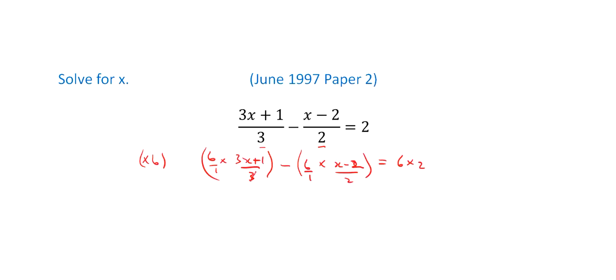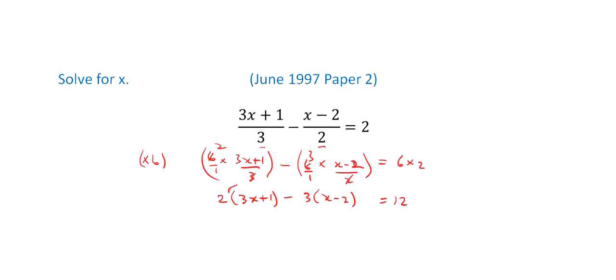And now we can say 3 into 6 is 2, 2 into 6 is 3. So we end up with 2 open brackets 3x plus 1, minus, and this will be 3 into x minus 2, which is equal to 12.